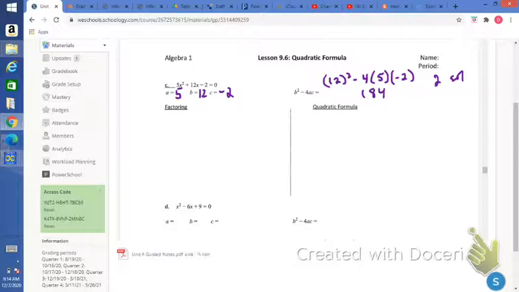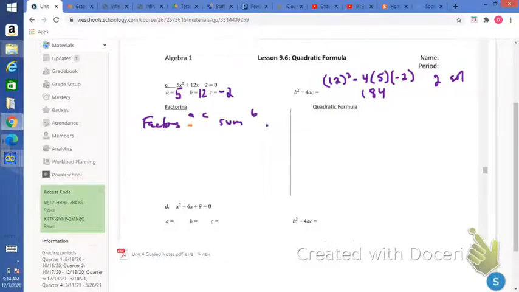However, we may not be able to factor this. It's not a perfect square. Alright, so let's just check. So we're looking for factors of A times C that sum to B. So A times C, 5 and negative 2, that's going to give us a negative 10.